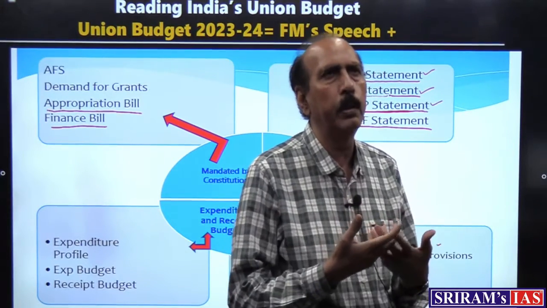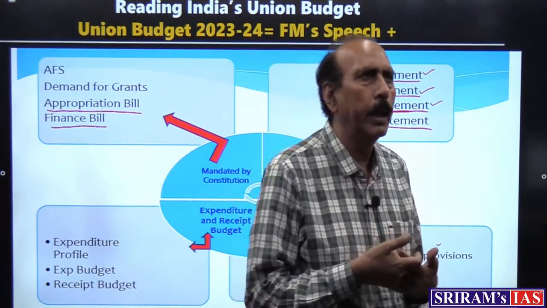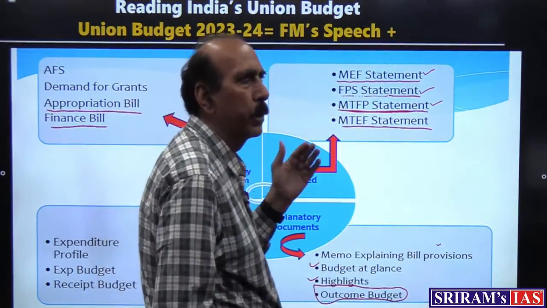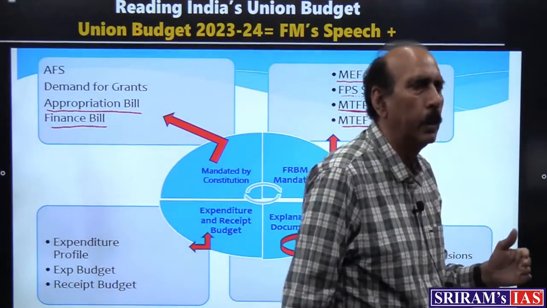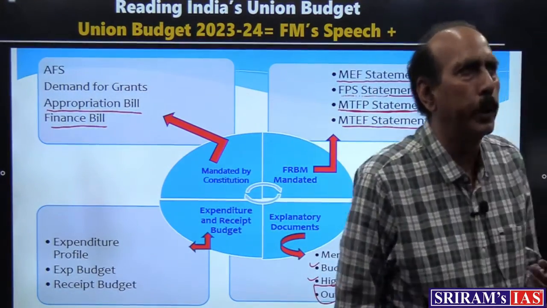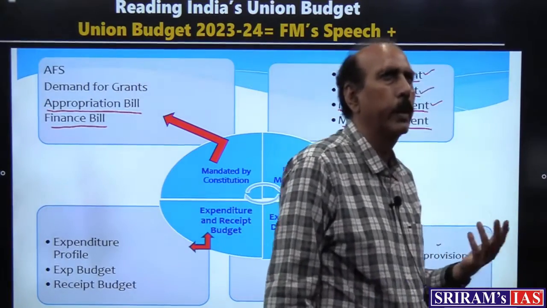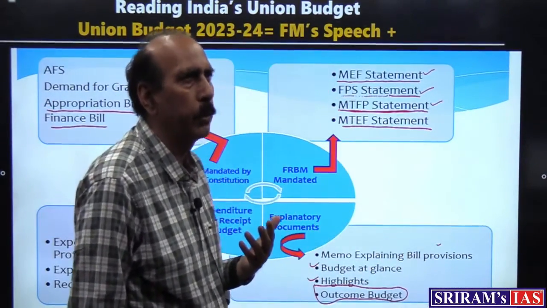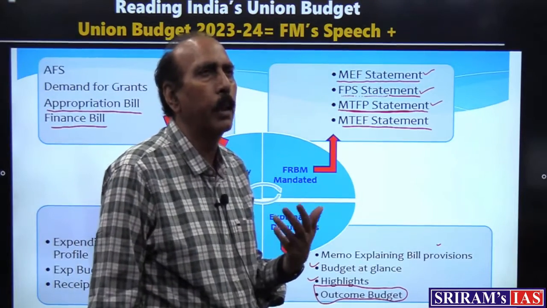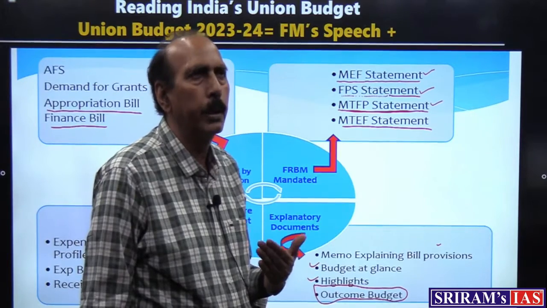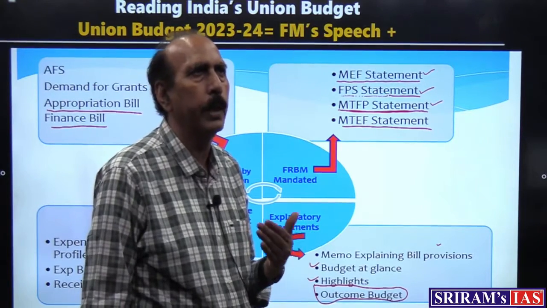This is the statement the finance minister makes, and the appropriation bill is passed. Once the appropriation bill becomes the appropriation act, only then can the government withdraw even a single rupee from the consolidated fund of India. The government cannot withdraw money from the consolidated fund of India unless the appropriation bill becomes the appropriation act.